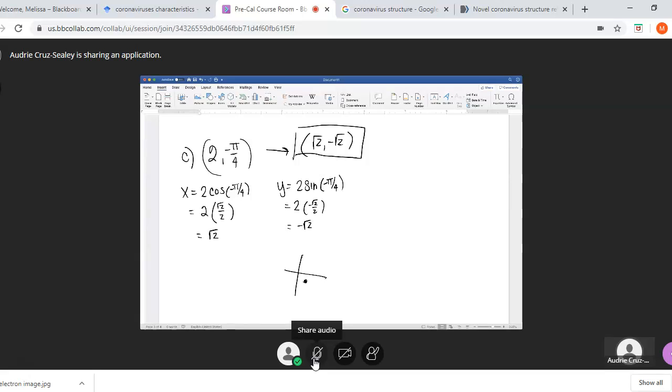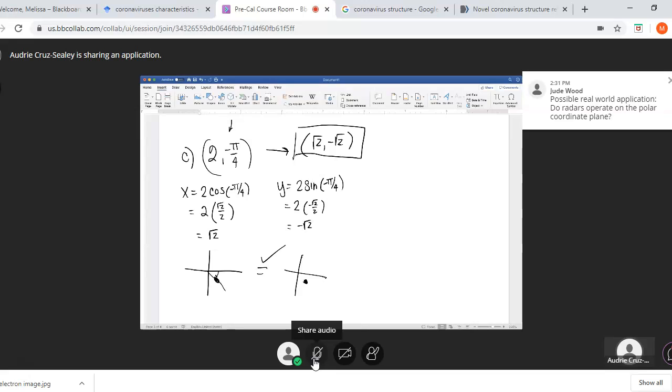You're here, right? And this one, you're going to travel negative pi over 4, and you're going to stay there, right? So you end up in the same place. And that's it. So that's how you switch from polar to rectangular.